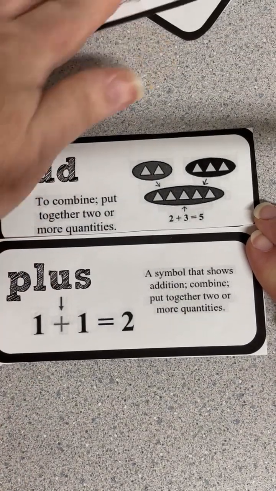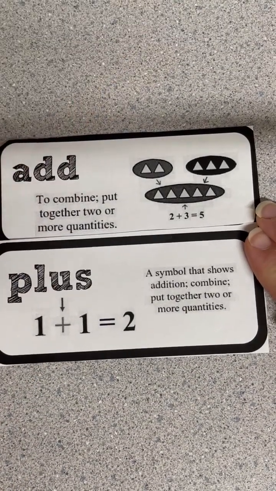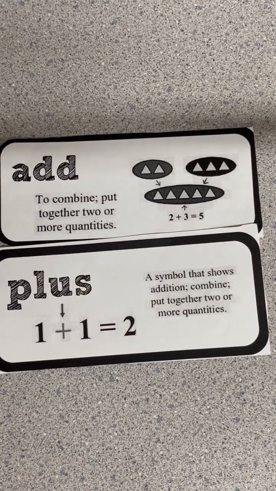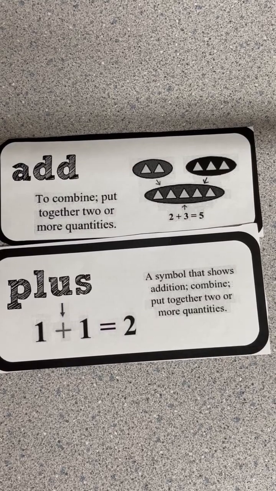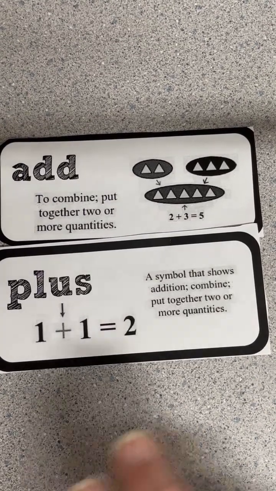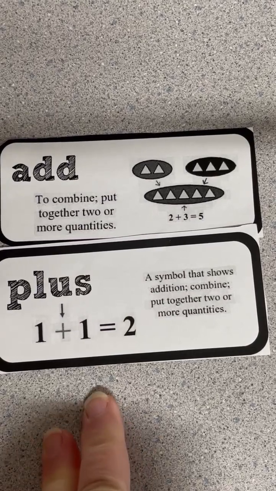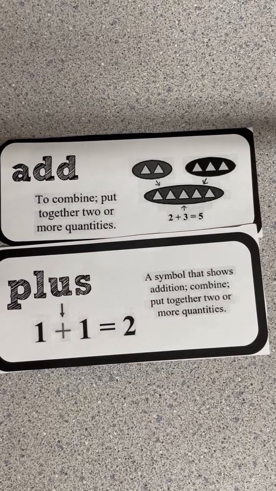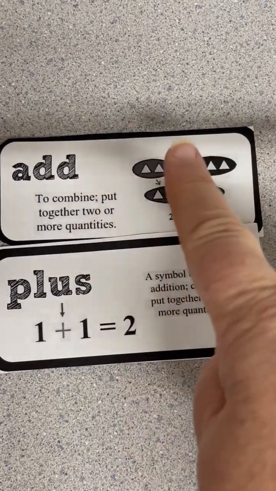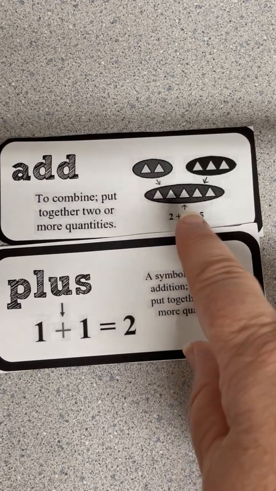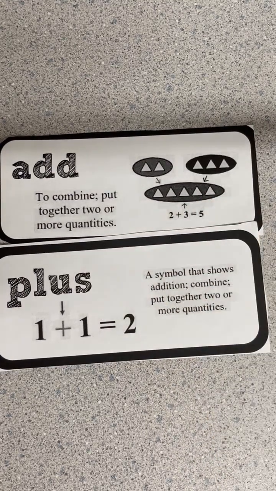Plus is a symbol that shows addition, combine, put together 2 or more quantities. So we're combining or putting together 1 and 1, and we're coming up with 2. Or up here, we're adding or combining those 2 numbers, 2 and 3, and we're coming up with 5.